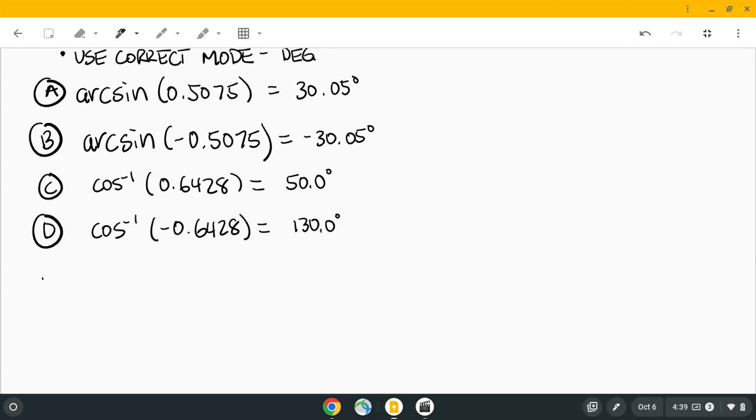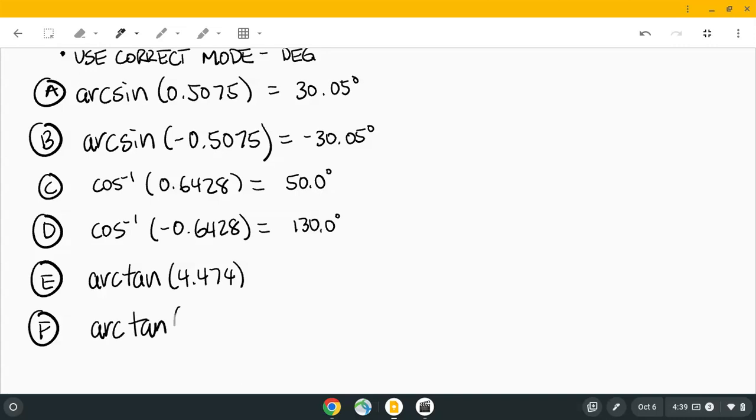So again, it knew to pull this answer from quadrant 2. And then also do it for tangent. Make sure that you are able to get the correct answers here. 4.474, and let's do the negative as well. When you punch in the positive 4.474, you should get 77.4 degrees.